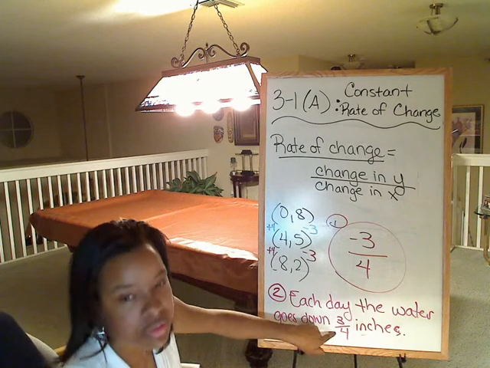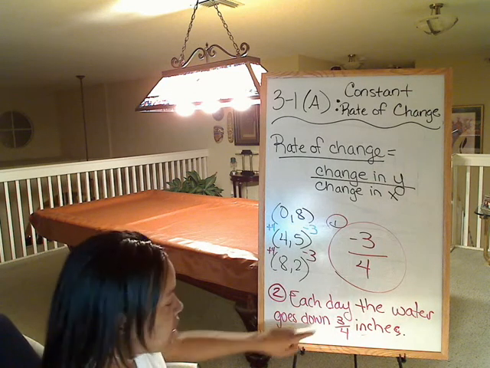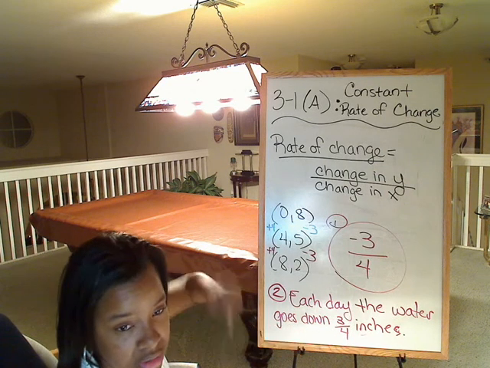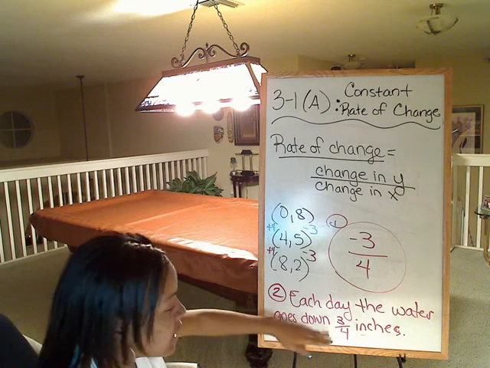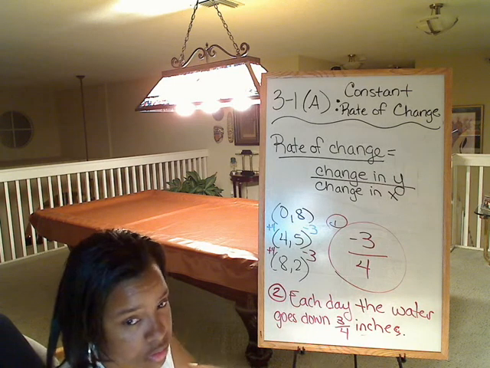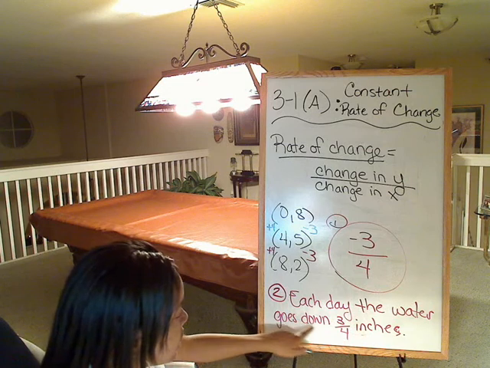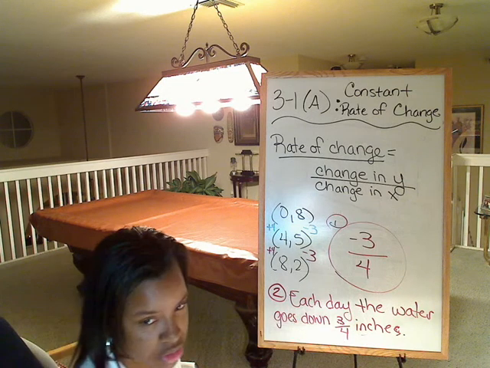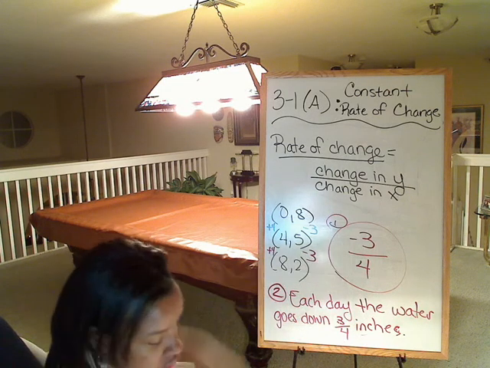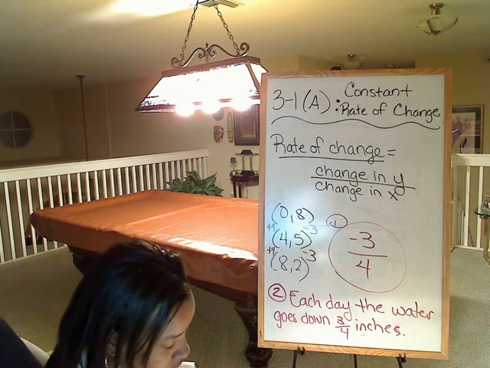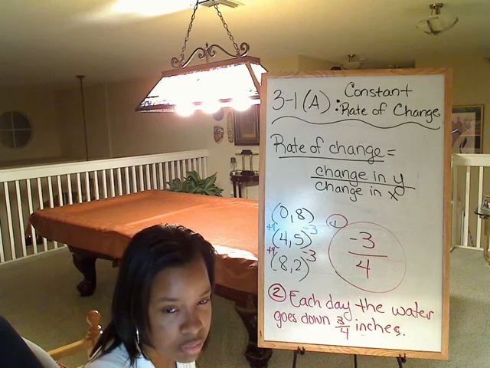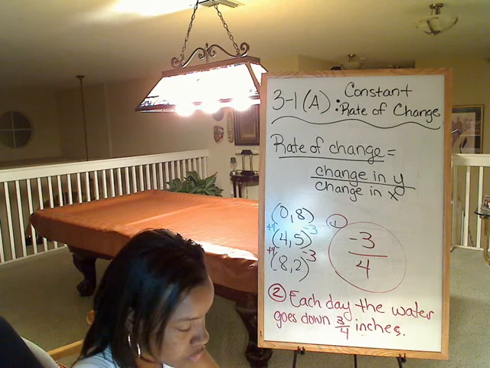I put 3/4 instead of negative 3/4 because I said down. Down is already telling you that it's negative. So you could just write each day the water goes down 3/4 inches. That's what the rate of change is telling you based on the graph. It really helps if you look at the graph, because you can get a picture of what I'm saying better.